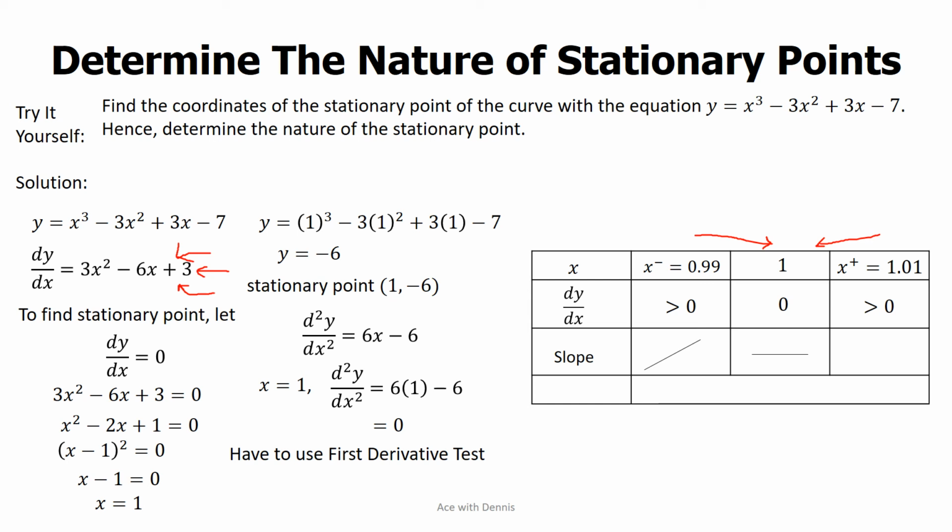We find that dy over dx is greater than 0, which means it is an increasing function. So the slope will be going up as well. Alright, so hence, what's the type of this curve? It is the point of inflection. Hence, we can say that the stationary point at x equals 1 is a point of inflection.